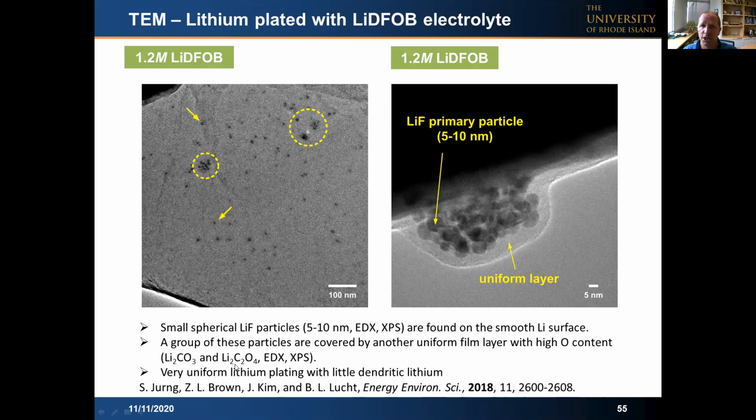So it appears that the lithium difluorooxalato borate is decomposing to generate these nanostructured lithium fluoride particles that are surrounded by an amorphous layer of lithium carbonate, and that somehow this nanostructured lithium fluoride is allowing these materials to have very uniform lithium plating.